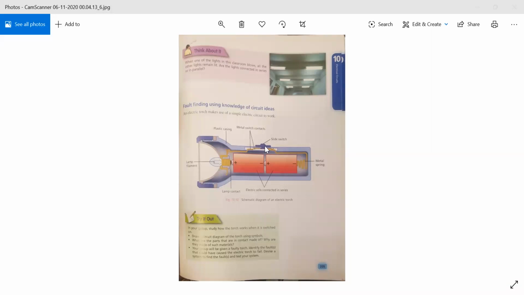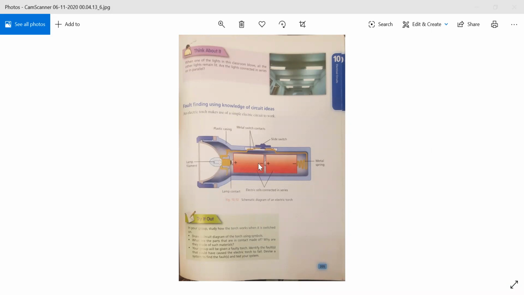And it should connect to the slide switch, with the wire connecting to the metal switch contact. This is called the plastic casing, the outer part of the torch. Through this circuit, the lamp will start glowing, the torch will start glowing.